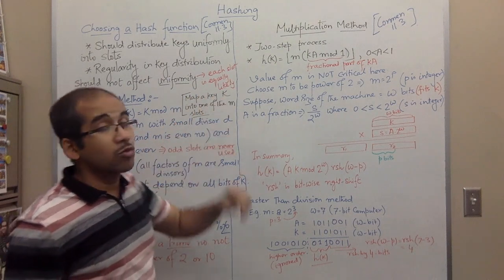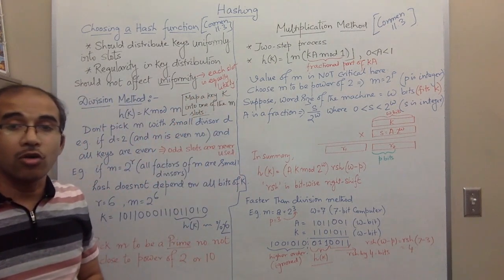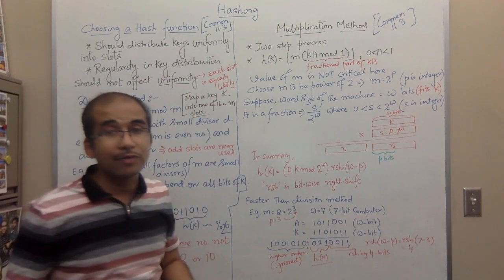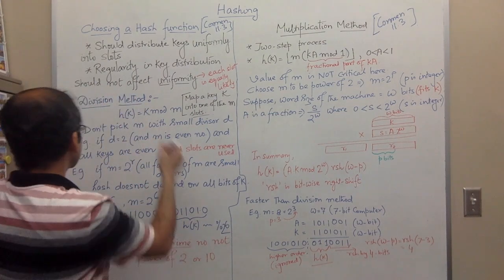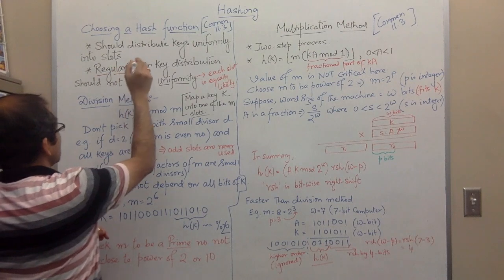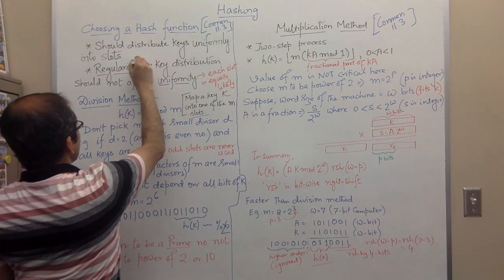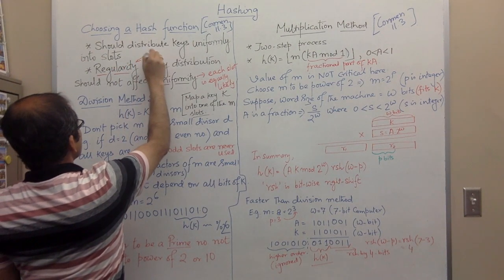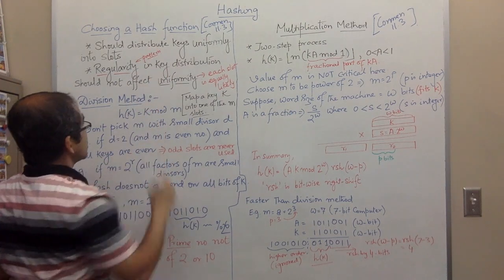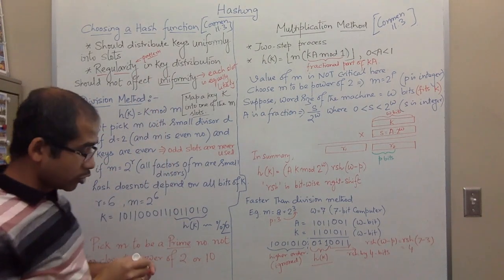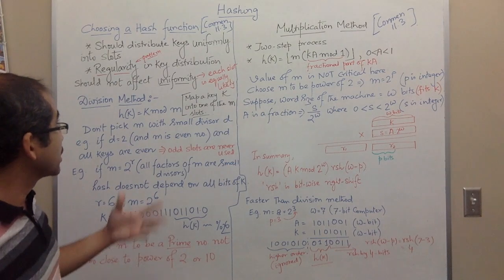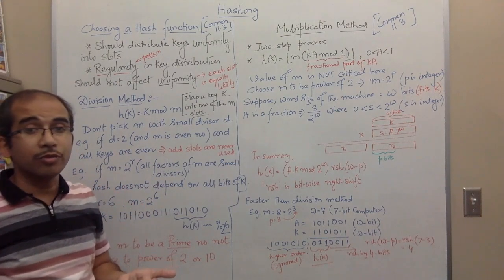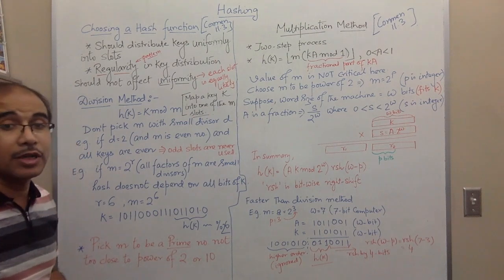So each slot is equally likely for all incoming keys, even if they have some pattern. That is called regularity in key distribution, like some kind of pattern in key distribution. A pattern in key distribution should not affect uniformity. Otherwise, the simple uniform hashing concept will be damaged or not properly used.